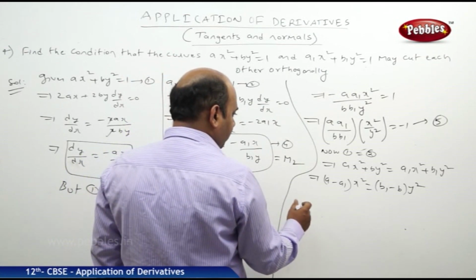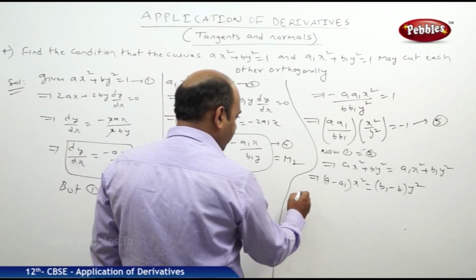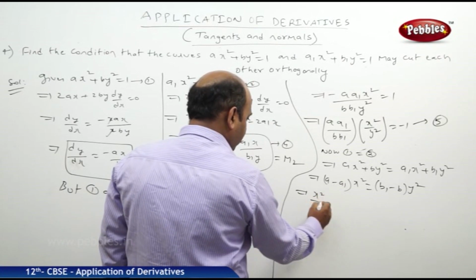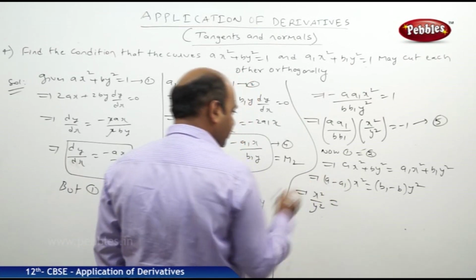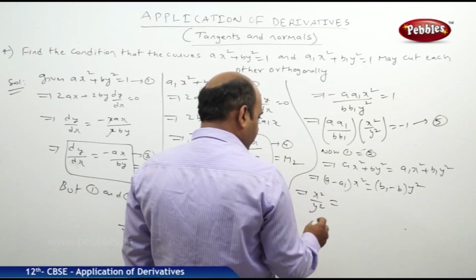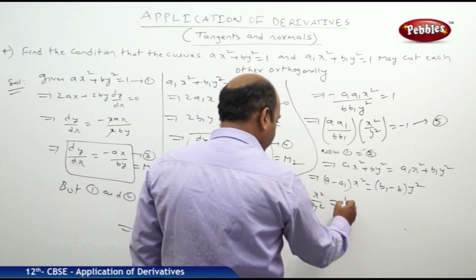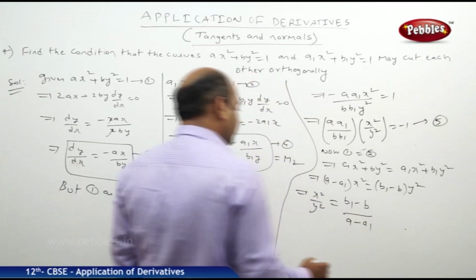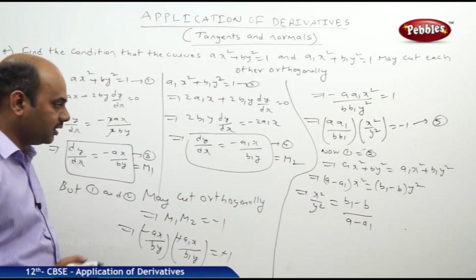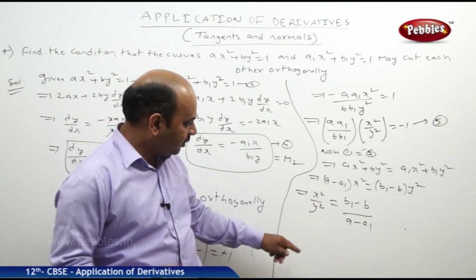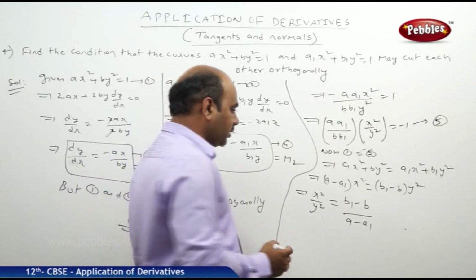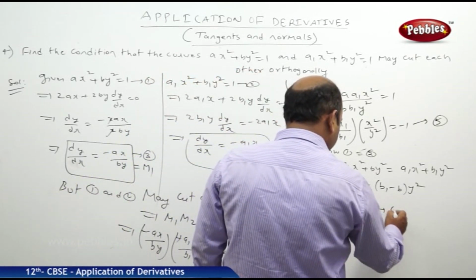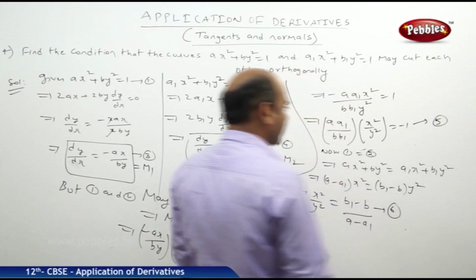Now finally I want x square by y square. So x square by y square is equal to b1 minus b divided by a minus a1. See, very beautifully we are getting the result. x square by y square is equal to b1 minus b upon a minus a1. Now I will call this number 6.